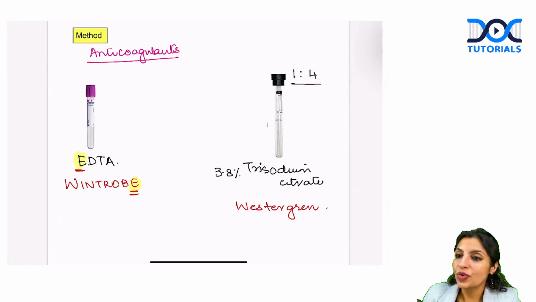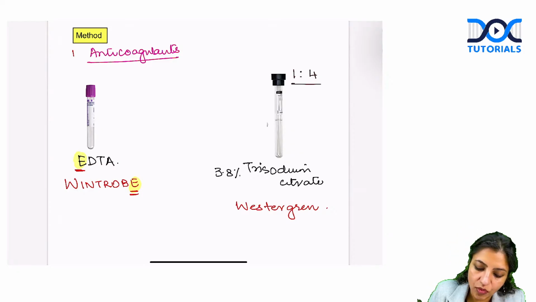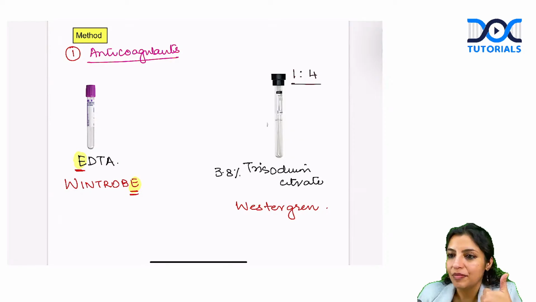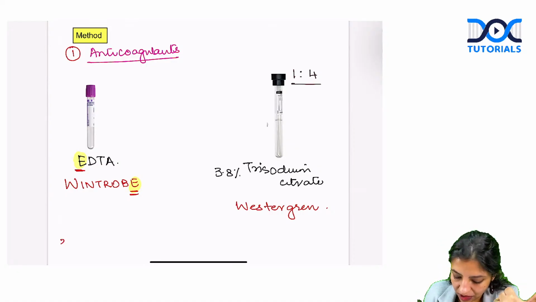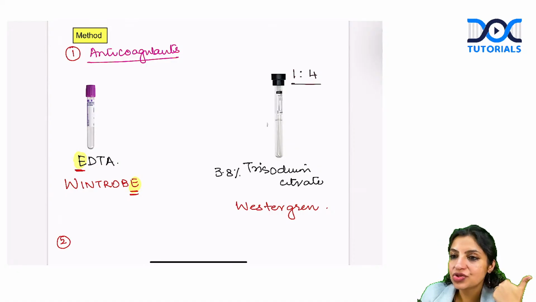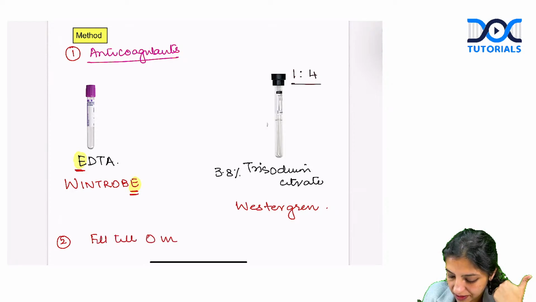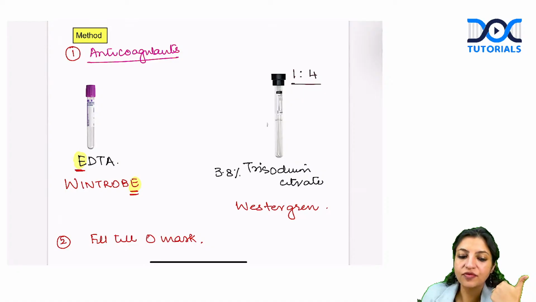So once we are very, very clear, first point is you have to take the sample. Sample has to be anticoagulated blood, which can be EDTA or trisodium citrate. Number 2, you have to take a pasteur pipette and fill it till 0 mark.